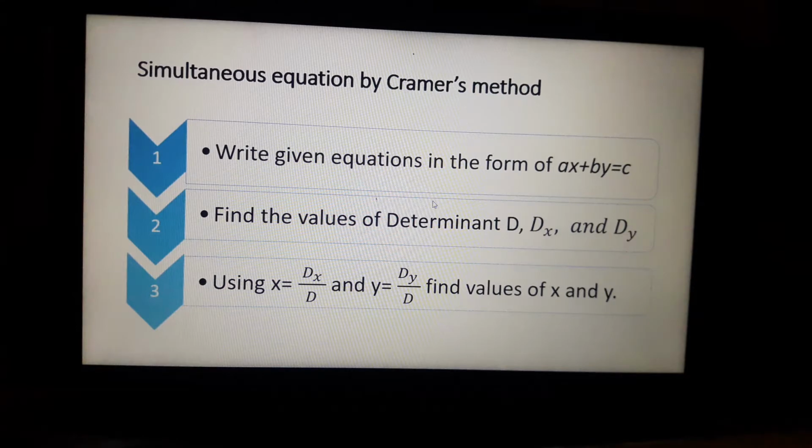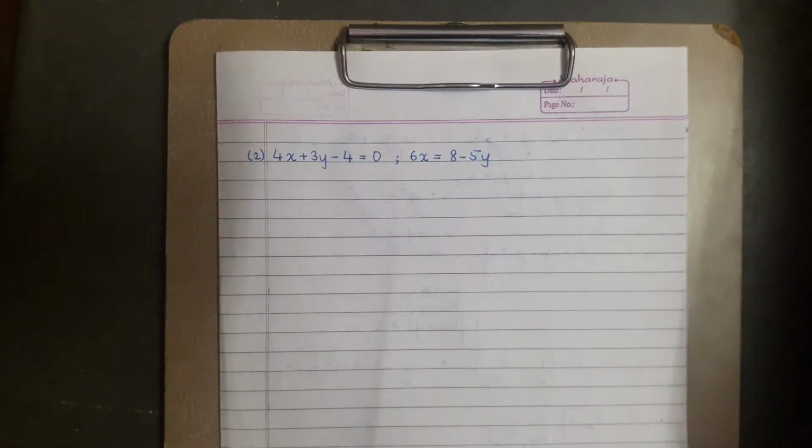Now we will move towards the solutions of practice set, question 3rd of practice set 1.3. You have to solve this question by Cramer's method.